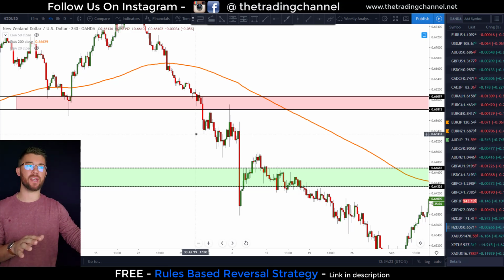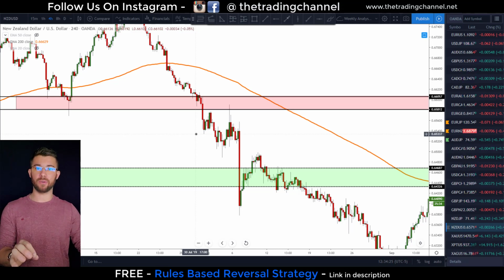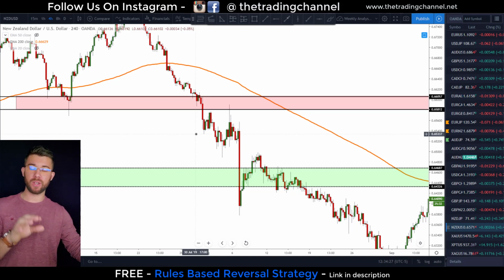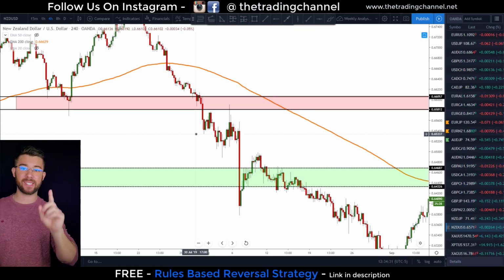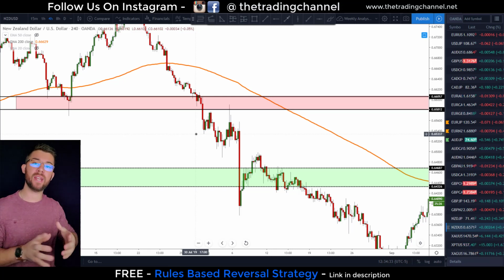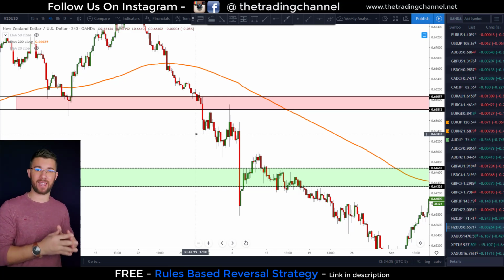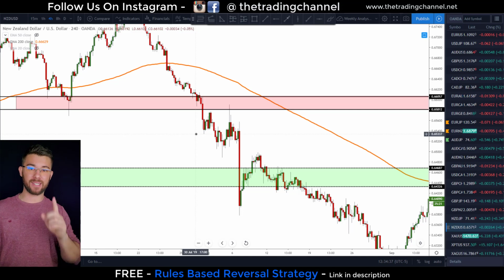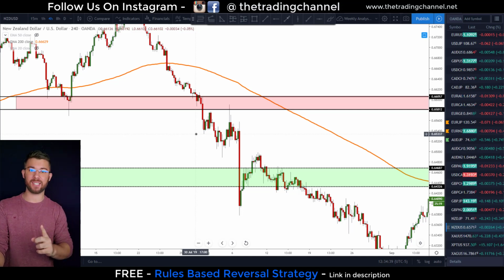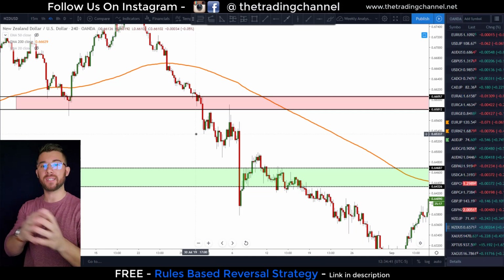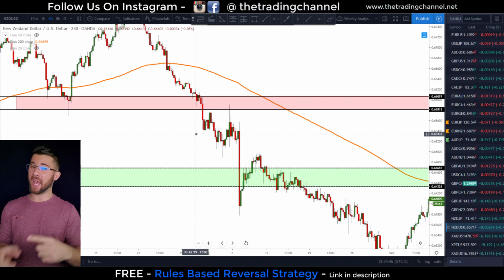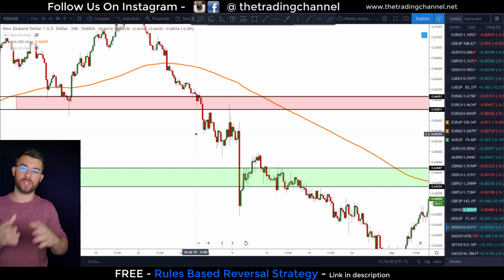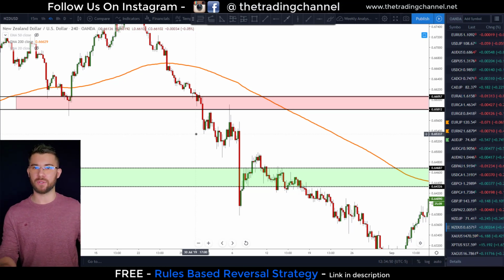When creating a strategy, what we need to do is have very specific rules for every situation. The reason for these rules is to give you consistency so that you're trading based on the same exact thing every single time. That's consistency. And this consistency will allow us to validate whether or not this specific strategy has worked in the past. And if it hasn't worked in the past, then there's no reason to assume it will work in the future, right?